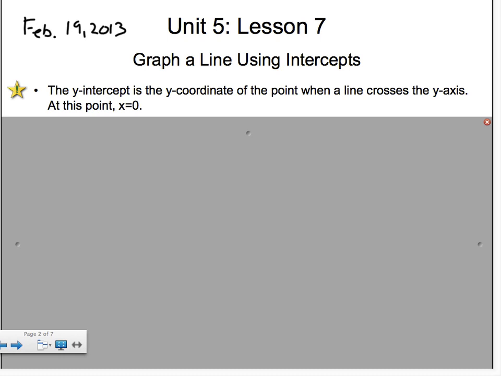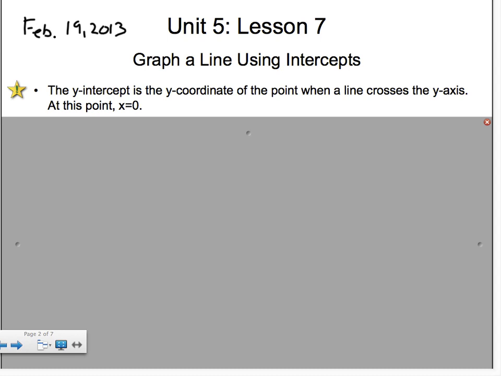So today we're going to talk about a third way you can graph a linear relation. We talked a bit about the y-intercept. There's another intercept that the line can pass through. What do you think that one might be? The x-intercept. What does that mean though? What does crossing the x-intercept mean? It's when a line crosses through the x-axis. Instead of the y-intercept, which is crossing the y-axis, a line can also pass through the x-axis.